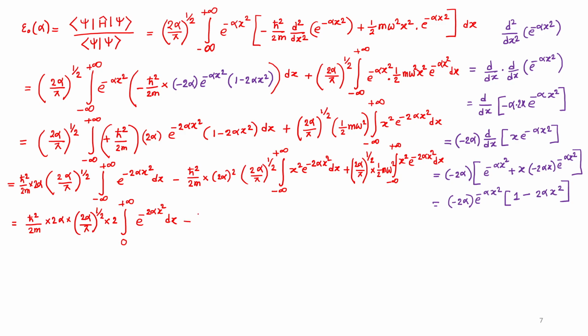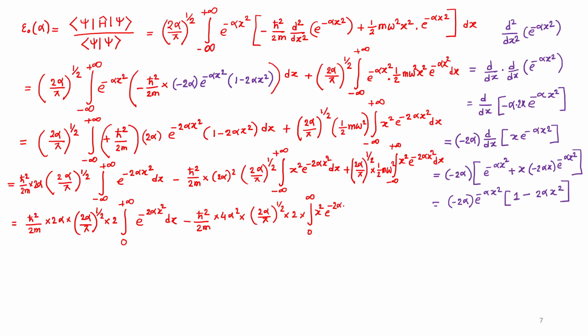Another thing we are going to have is minus h cut square by 2m. Let me write 4 alpha squared. We have 2 alpha by pi to the power half. And this is an even function, so we can write 0 to infinity x square e to the power minus 2 alpha x square dx.